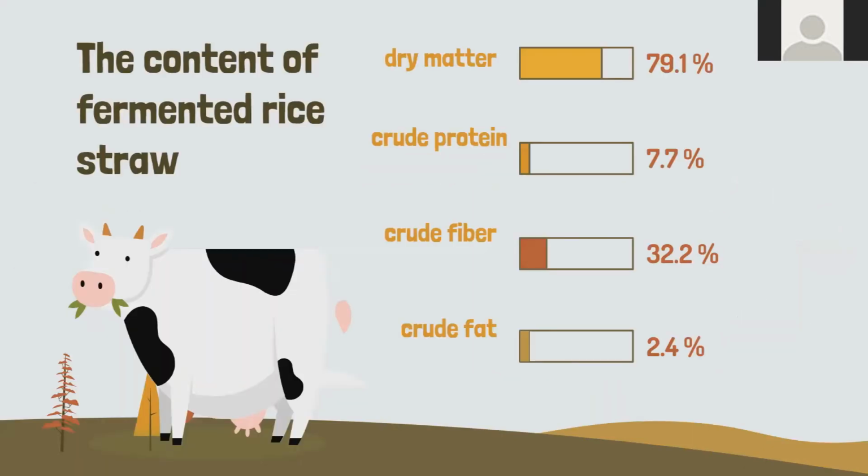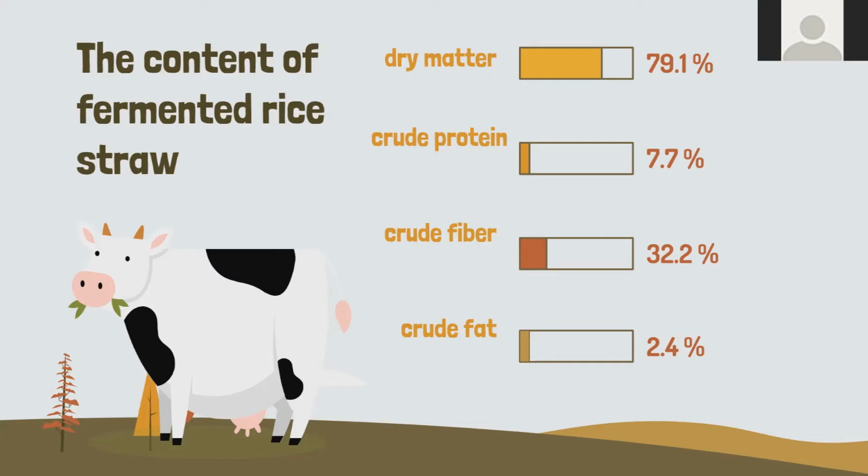As a result, the content of fermented rice straw has 79.1% dry matter, 7.7% crude protein, 32.2% crude fiber, and 2.4% crude fat. The fermentation process was able to increase the crude protein content from 3% to 7% and increase the digestibility from 28 to 30% to 50 to 55%.